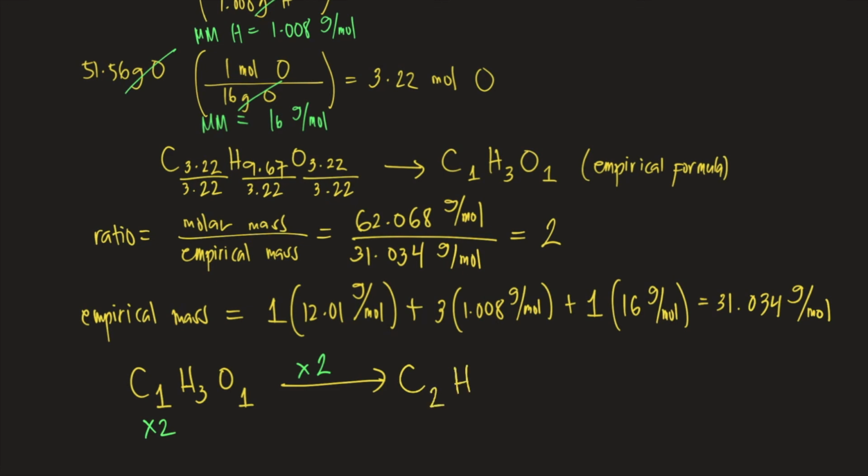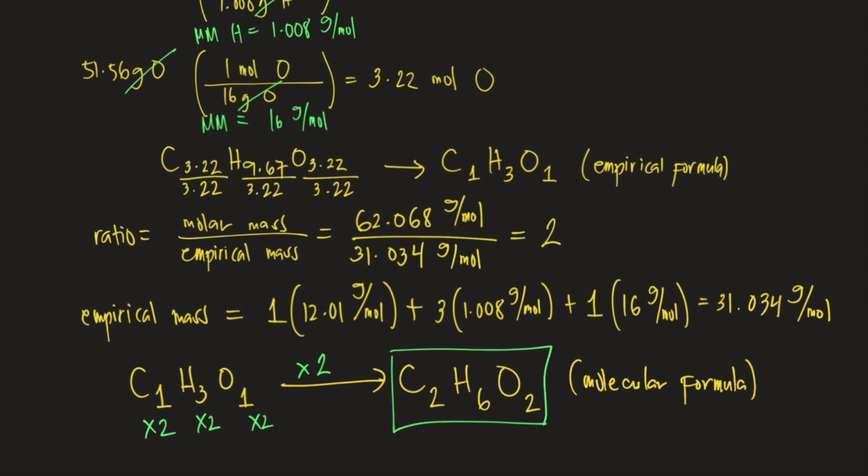For hydrogen, that's 3 times 2, so H6. For oxygen, that is 1 times 2, so that is O2. So the molecular formula of the compound is C2H6O2, and this is the answer to the question.